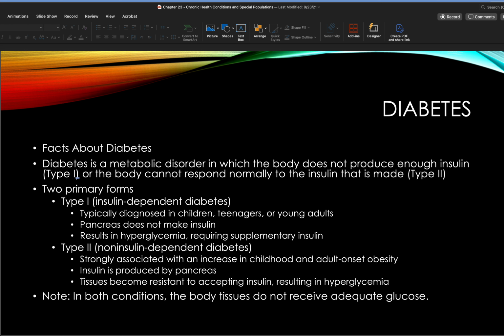Even though you're producing insulin in most cases, not all, sometimes type 2s do need insulin, but for the most part it's a lack of insulin sensitivity and a high level of insulin resistance. So we have to pay more attention for exercise and dietary purposes.